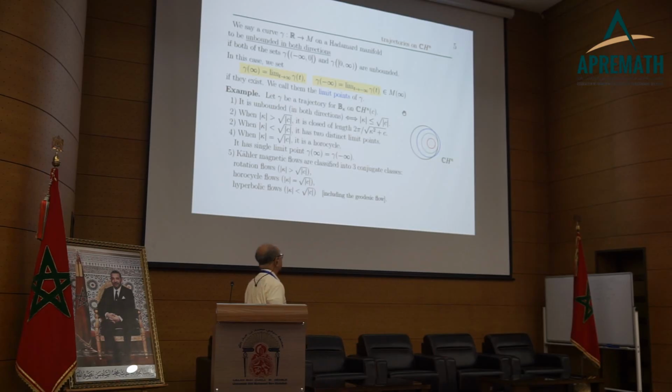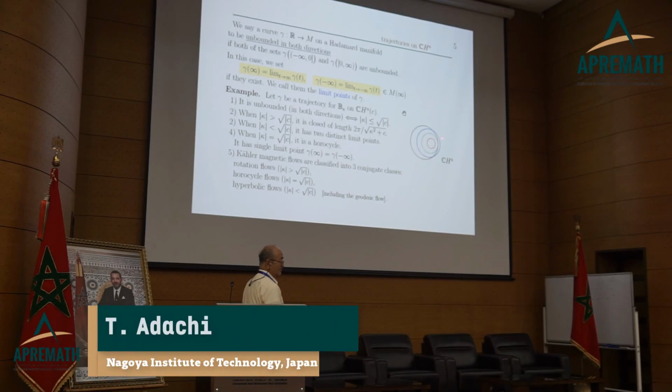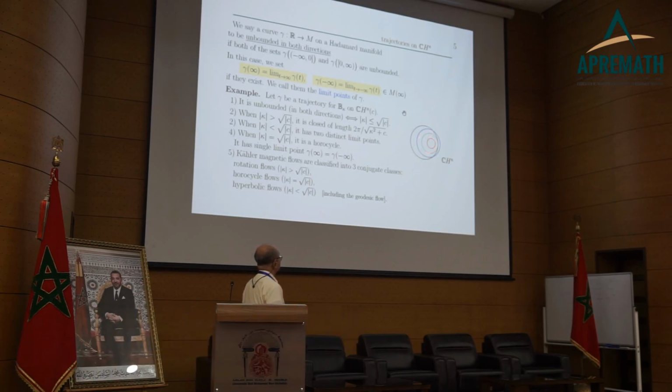On the other hand, if we compactify Euclidean space, only antipodal points can be joined by geodesics. So in the Euclidean case, the geodesic is characterized, and how about complex hyperbolic space of constant holomorphic sectional curvature c? I hope the green trajectory characterizes this.